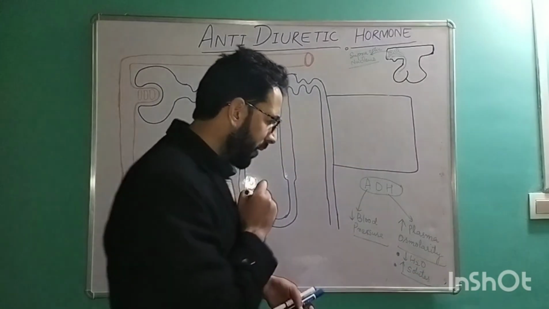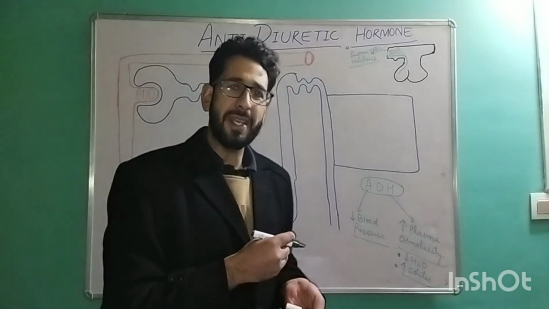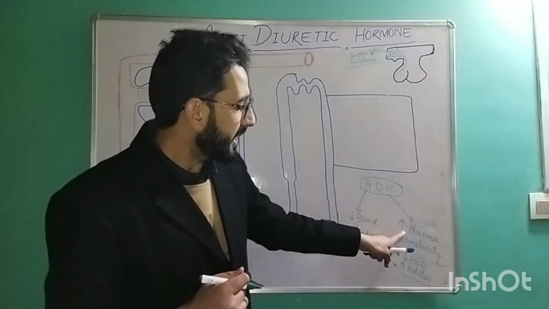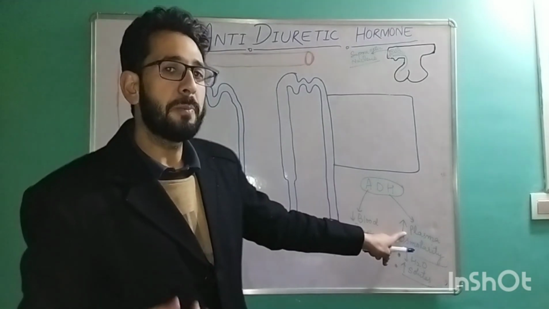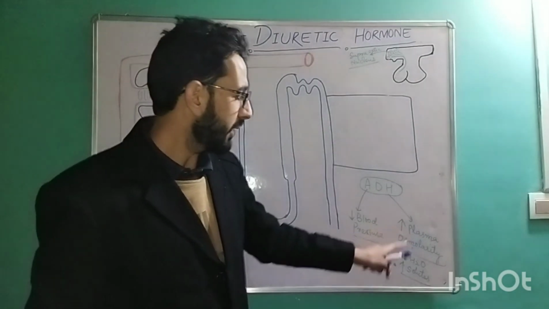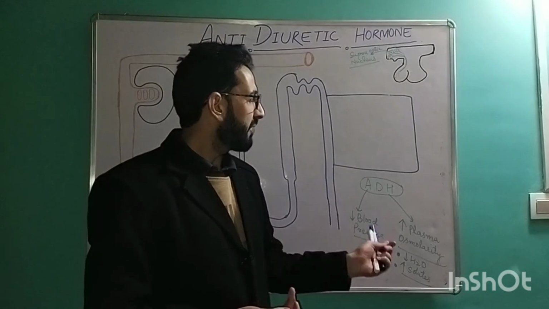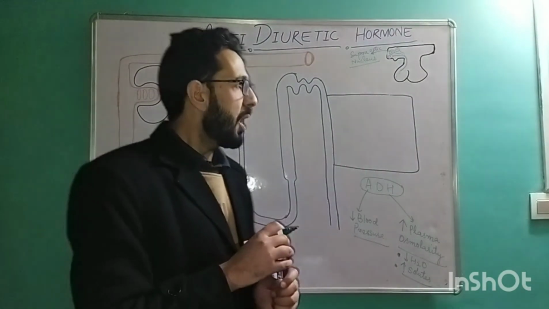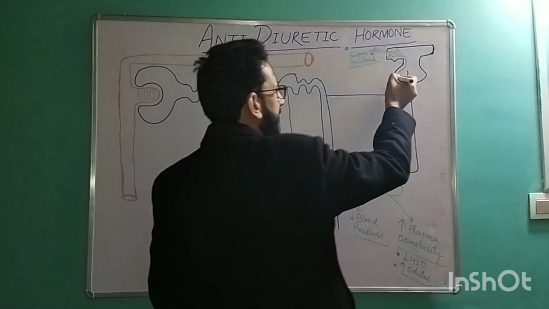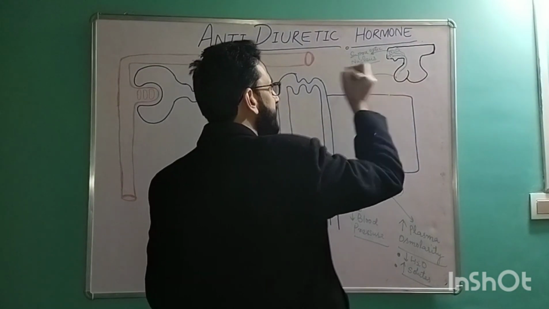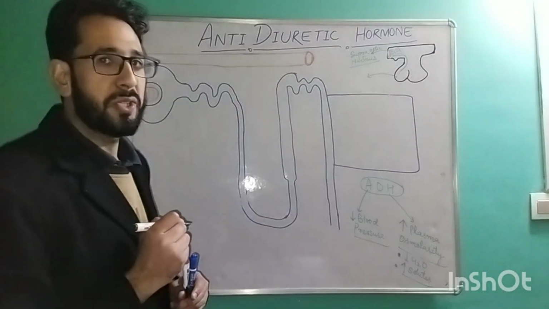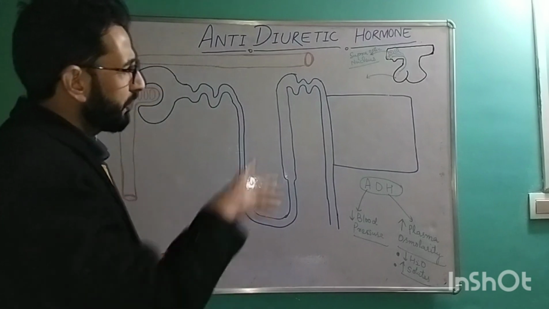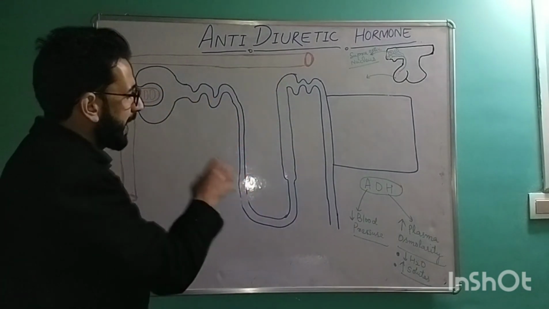Normally our plasma is isoosmolar or isotonic, but whenever there is increased plasma osmolarity, our plasma becomes hypertonic or hyperosmolar, and that will lead to release of the antidiuretic hormone. Now we'll see what the actions of this antidiuretic hormone are once it is released out of the posterior pituitary. But before we see the actions, let me tell you about this diagram.